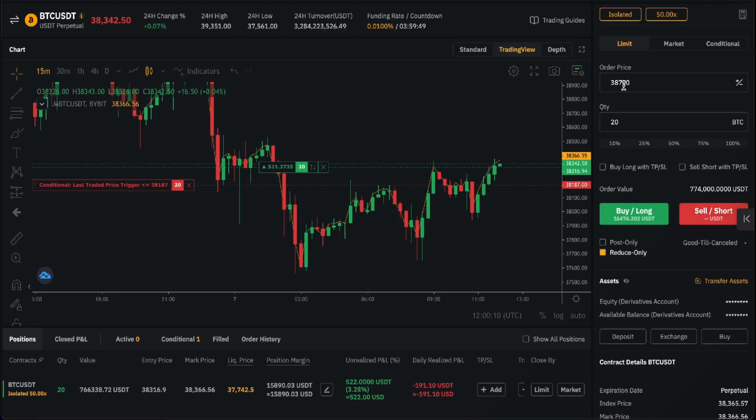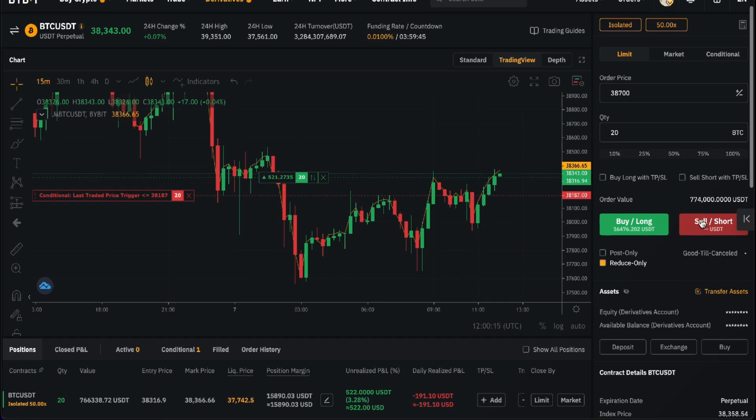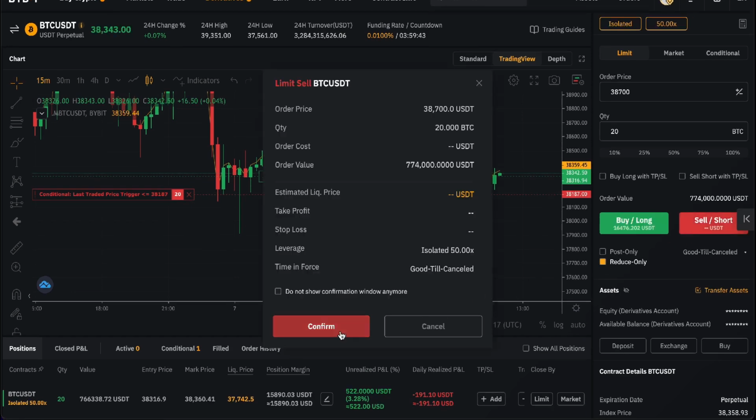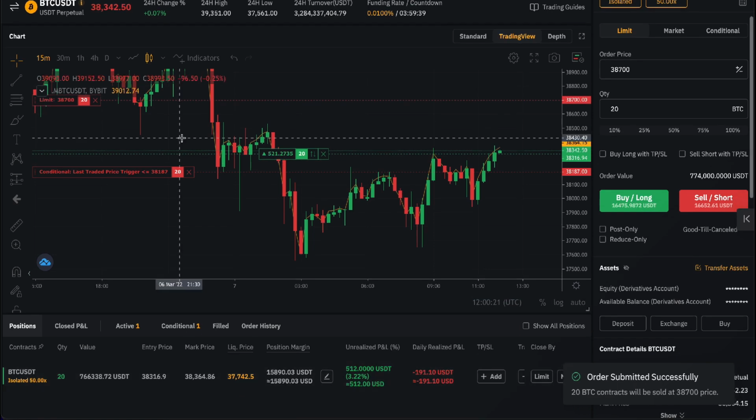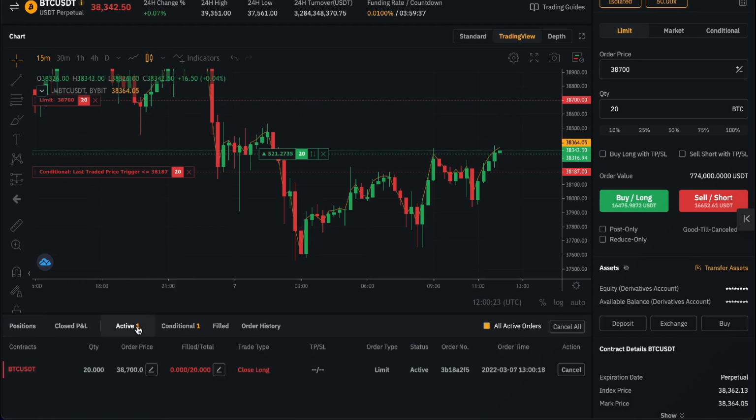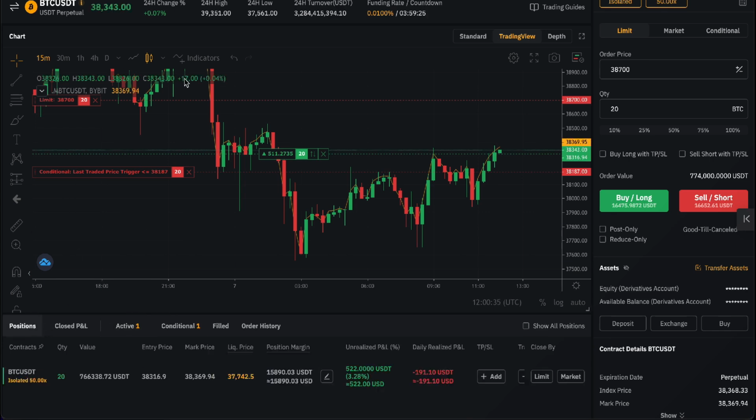So a limit at a price above price, reduce only to sell here is going to be our TP, right? So we have that limit up there at 38,700. So now we have, there you go, it's a close long for 20, 38,700. So at that price, it will trigger that limit, okay? So that's how we do that.